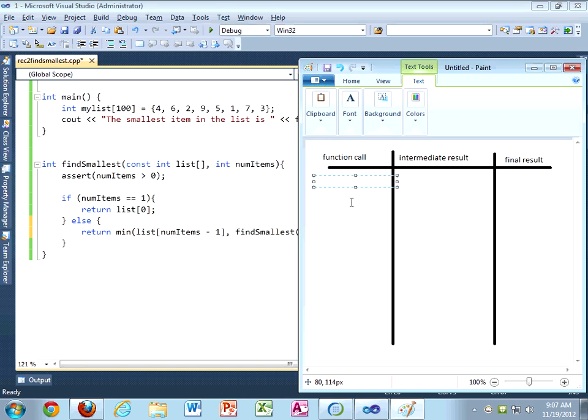So let's say the function call is, I'm going to abbreviate and just say find smallest. And let's say the array is 4, 6, 2, 2, 9. That's just my own notation that I made up so that I can keep track of it. Okay, I'm not going to use an array with 4 items in it, and then num items is 4. Right?